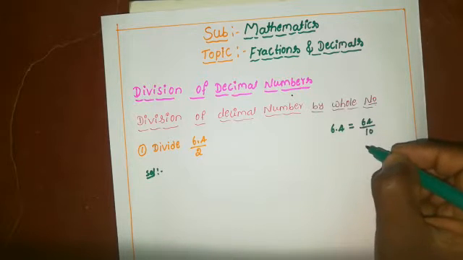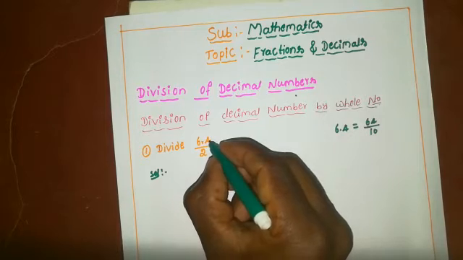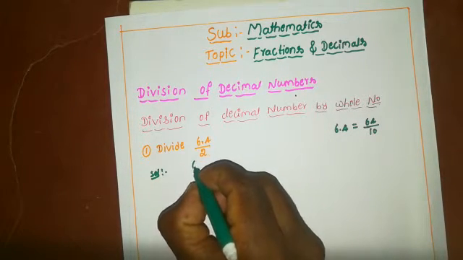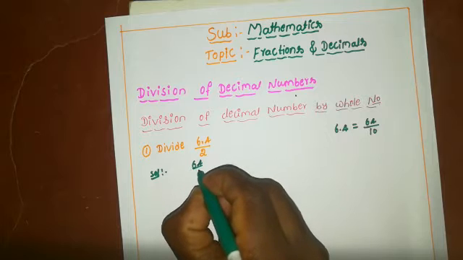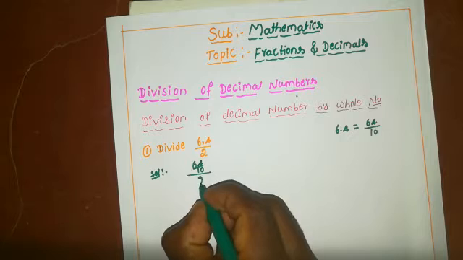Thus we convert the decimal number into a fraction. At first we convert the decimal number into a fraction, which means 64 divided by 10, whole divided by 2.